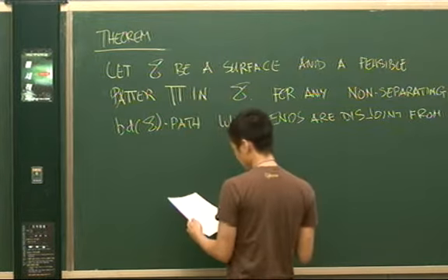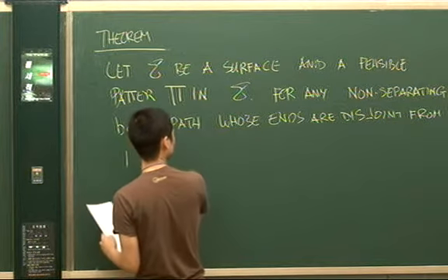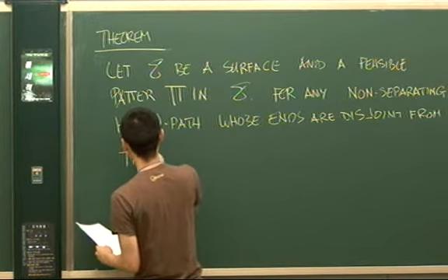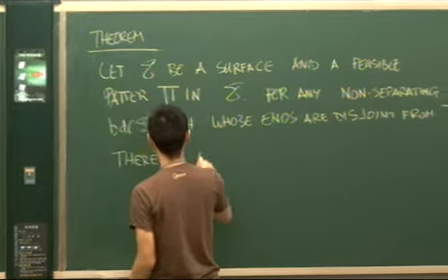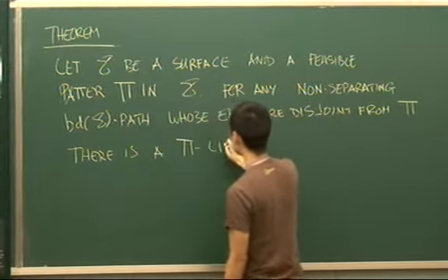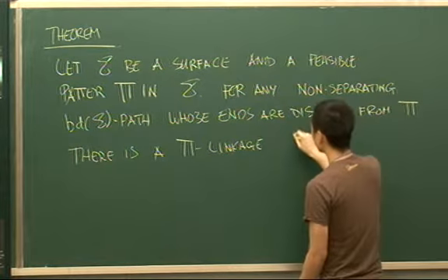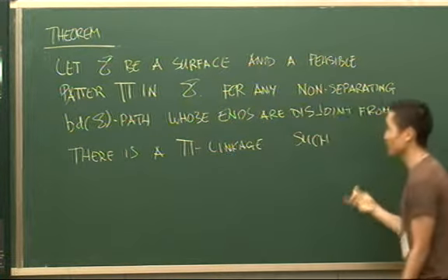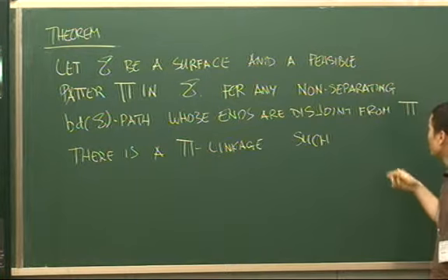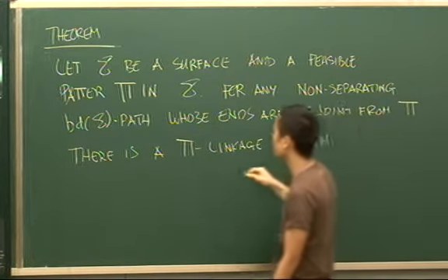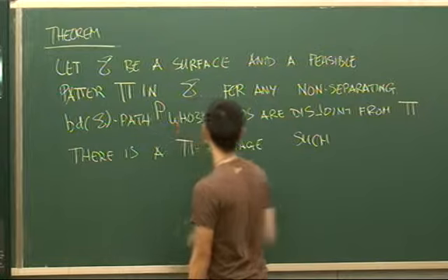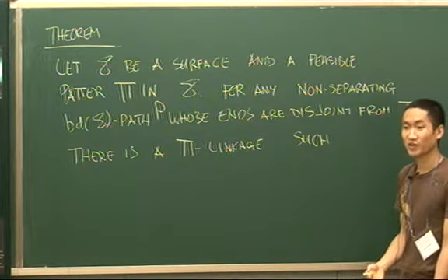So in this case, there is a linkage L such that each path in the linkage only hits this curve P at most twice. Right?